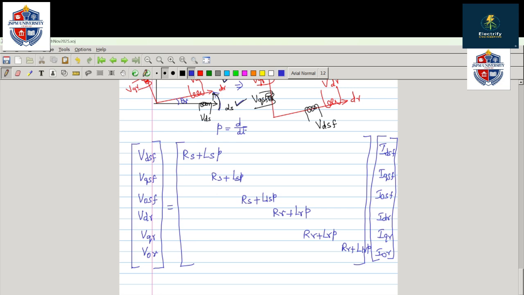For simplicity we can write here DSF, QSF and not SF, then DR, QR and not R. These three windings are fictitious, that is, imaginary.